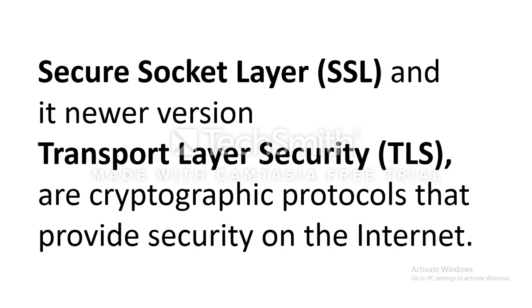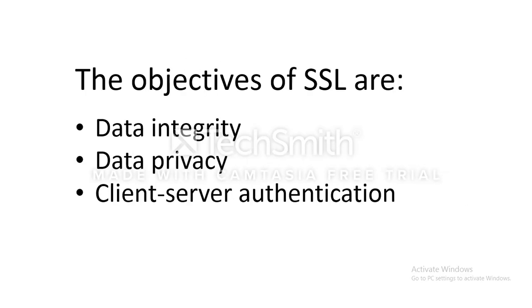SSL runs above the transport layer, the layer which is responsible for the transport of data between processes and the routing of network traffic over a network between client and server respectively, and below application layer protocols such as HTTP and the Simple Mail Transport Protocol. When considering the objectives of SSL, data is protected from tampering.